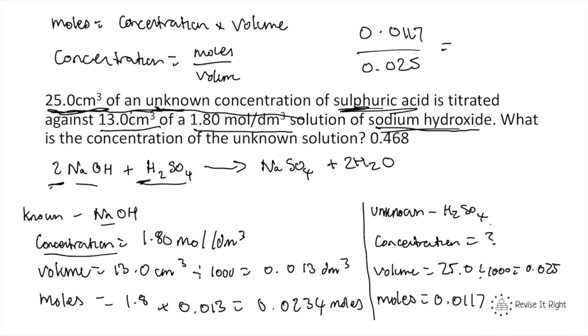That will give us our concentration. Put that in the calculator and you get 0.468. Now we've just worked out concentration, so it's moles per decimeter cubed. And that is your answer to this question.